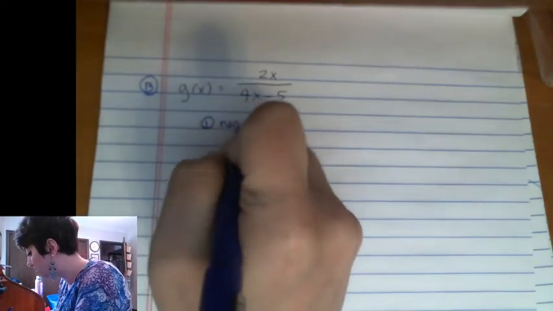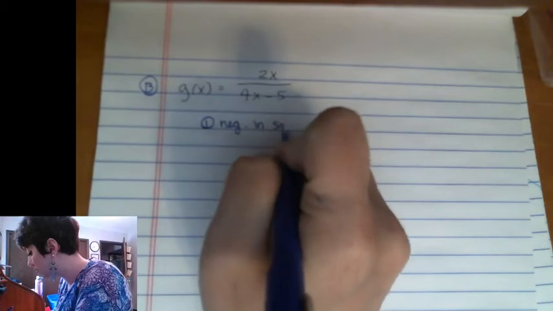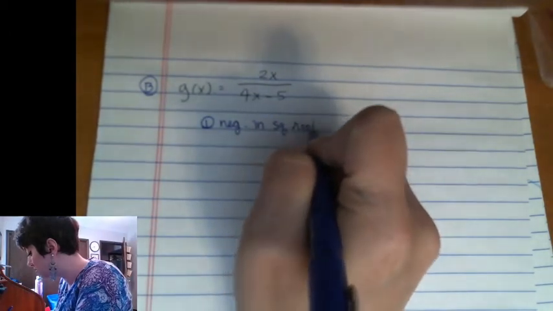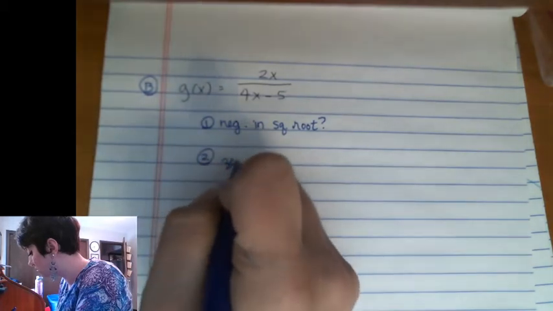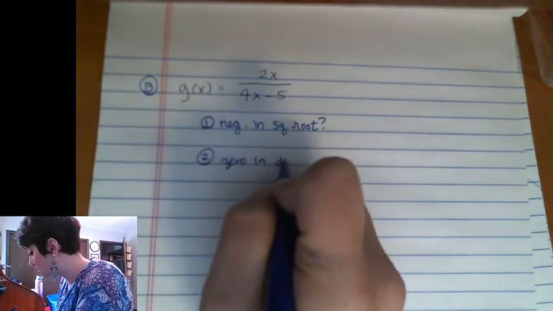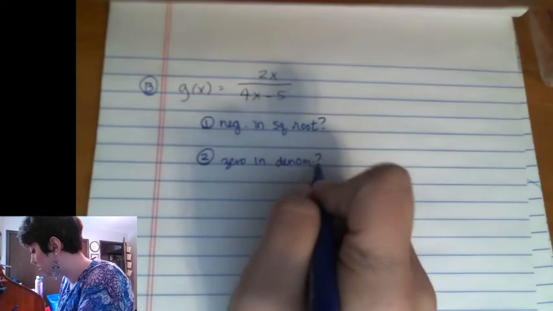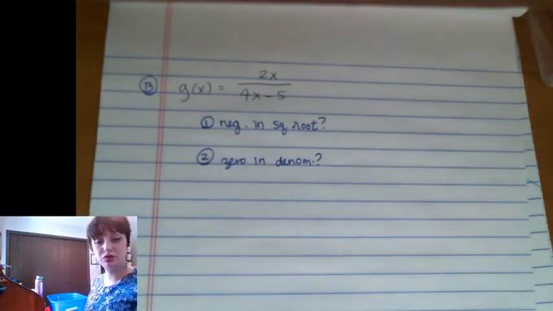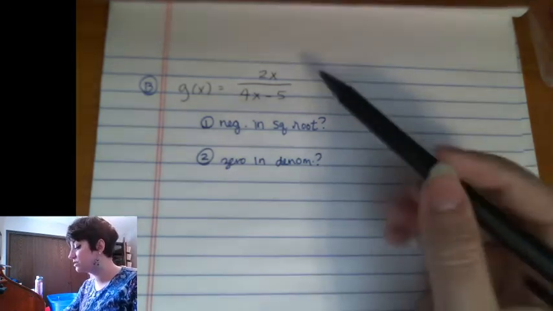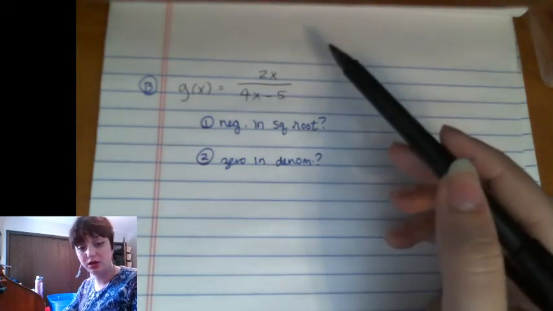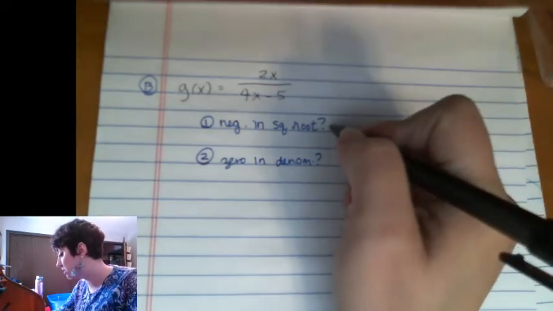Are there any possible negatives in a square root? Are there any possible zeros in a denominator? For negatives in a square root, there's no square roots that appear in this function at all, so I don't have to do number 1.